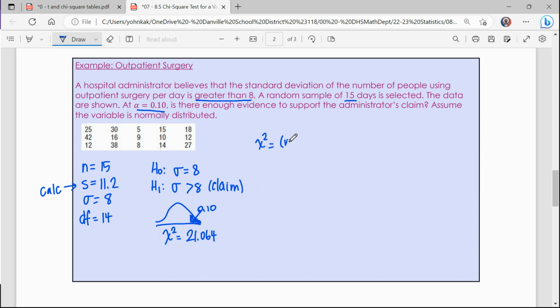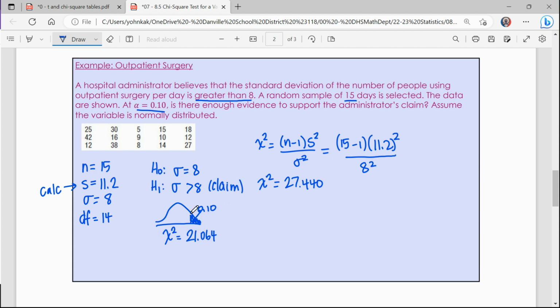Chi-square equals n minus 1 times s squared over sigma squared. So that's going to be 15 minus 1 times 11.2 squared over 8 squared. If I type this into my calculator and round to 3 decimals, because that's what chi-square values are, I get 27.440.